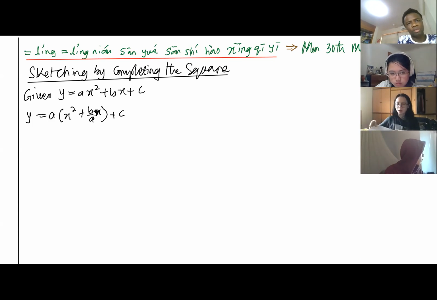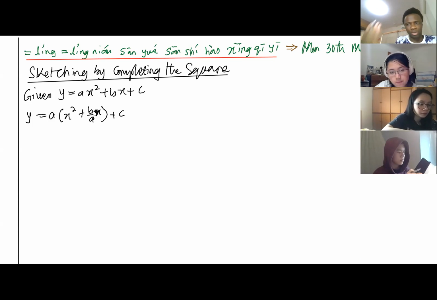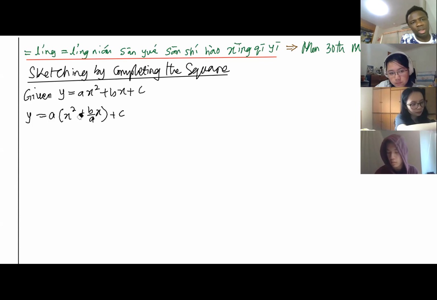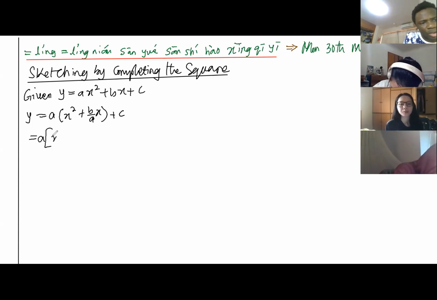So when you have this, from your previous knowledge, I'm assuming we have previous knowledge, but again I'm reteaching it, you complete the square by adding the half squared of this and subtracting it immediately. So this is a, x squared plus b over a x.